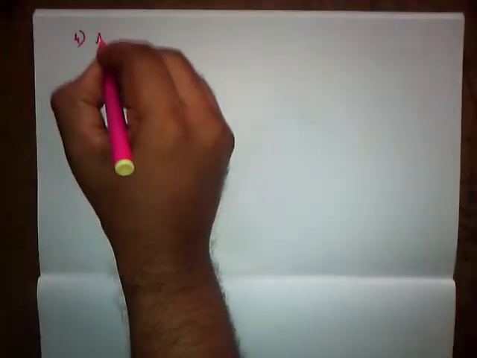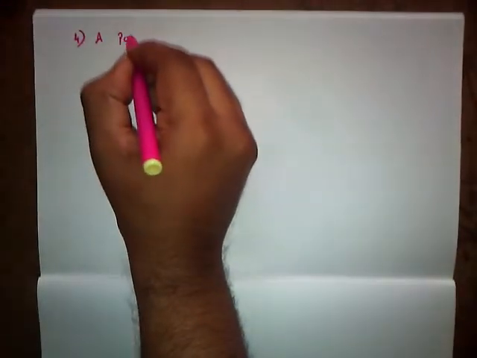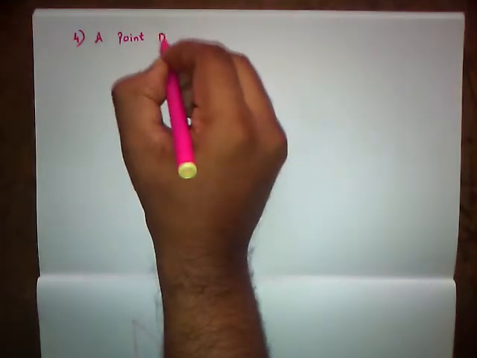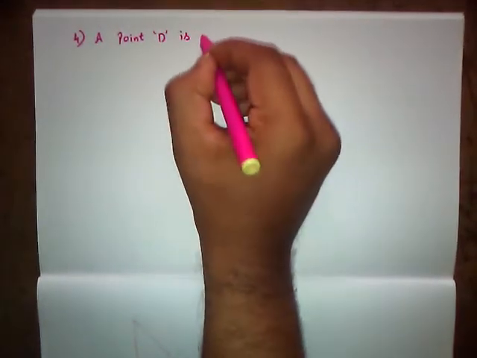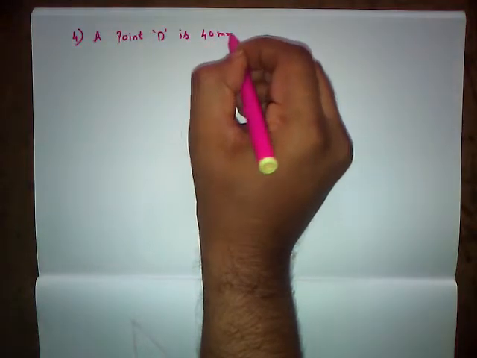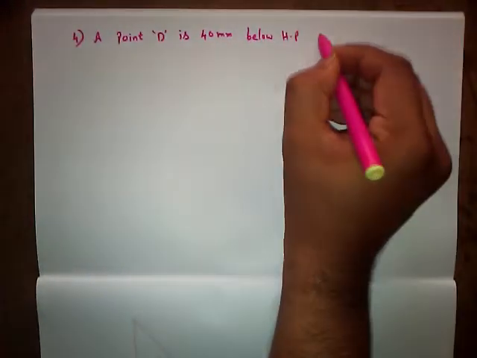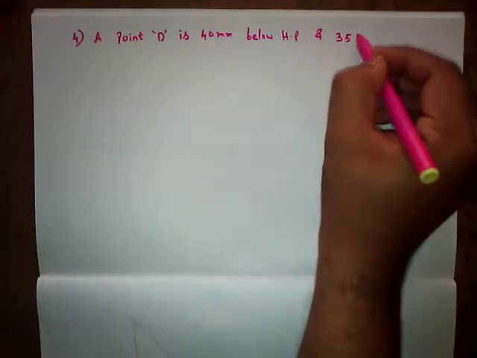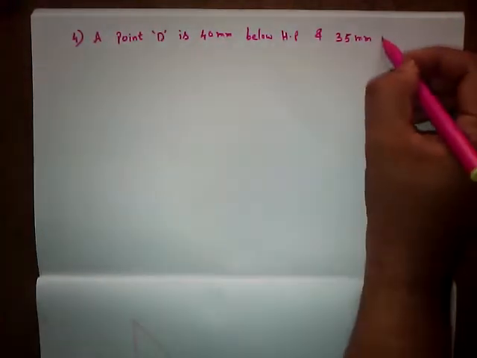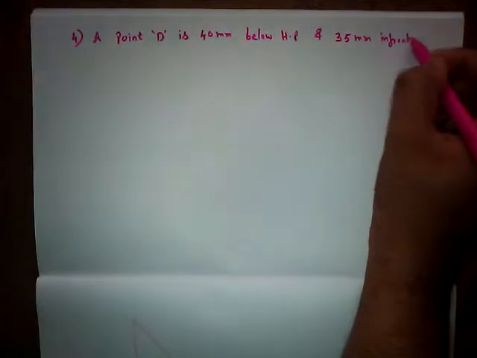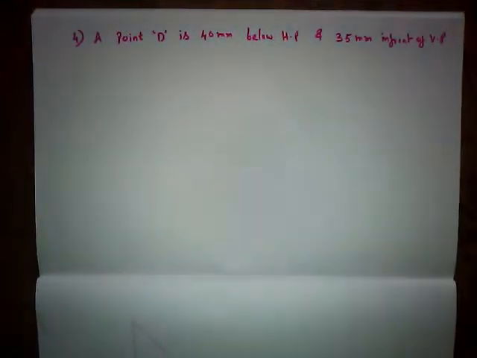Okay, the fourth one. Point capital D is 40 mm below HP and 35 mm in front of VP. So this is the question we had.